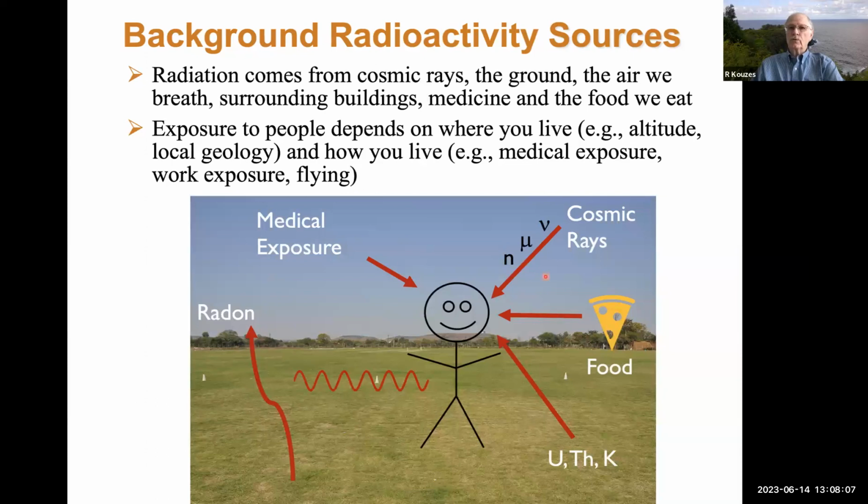These are energetic protons and some helium nuclei in the upper atmosphere, producing pions, which decay to muons and produce neutrons as well. So we are currently being bombarded with between 100 and 200 neutrons and 100 to 200 muons per second continuously because we live roughly at sea level.